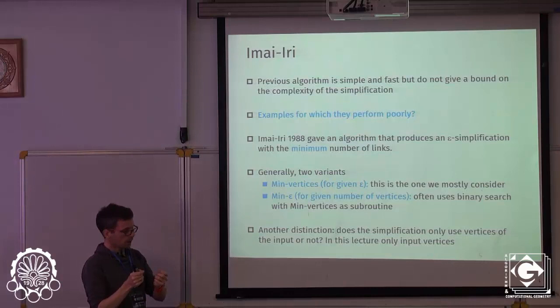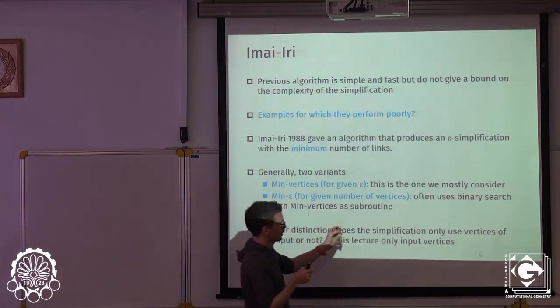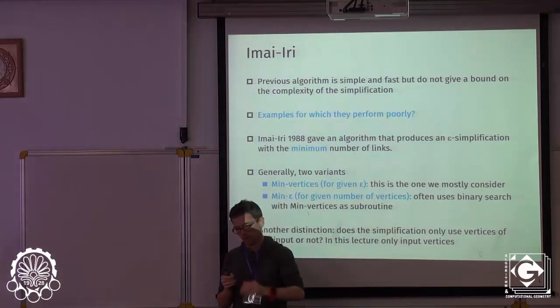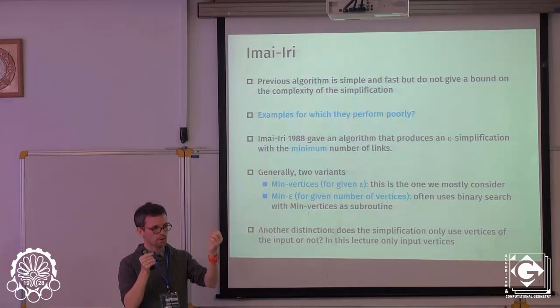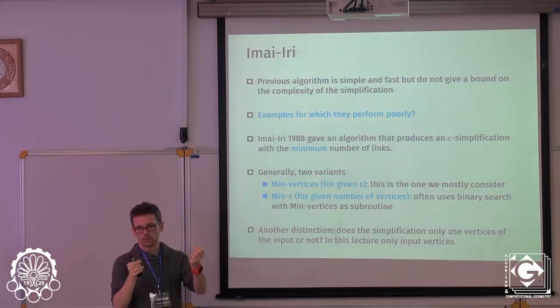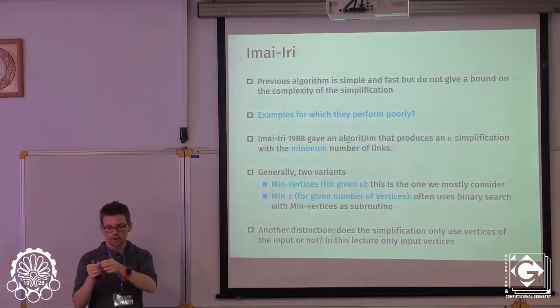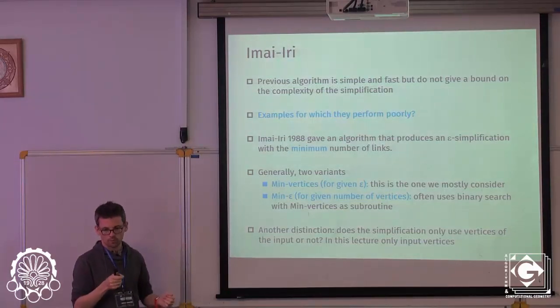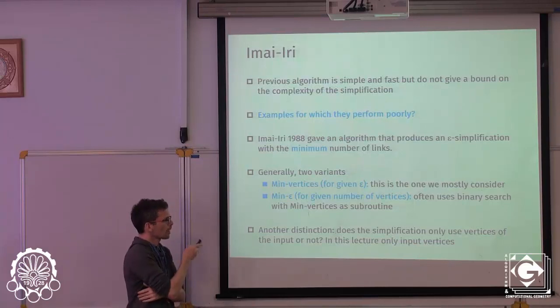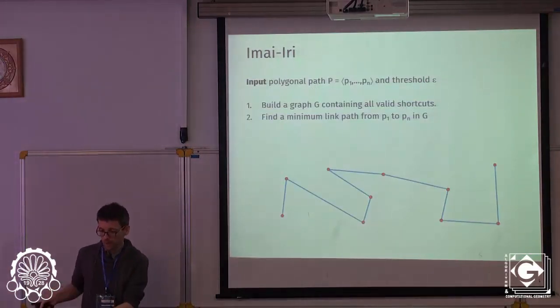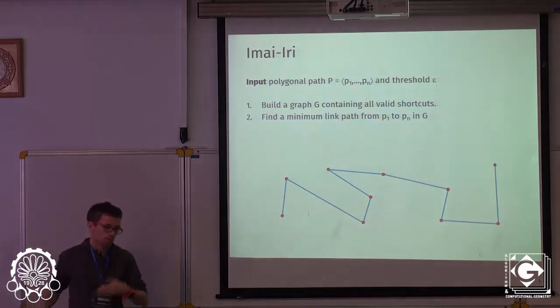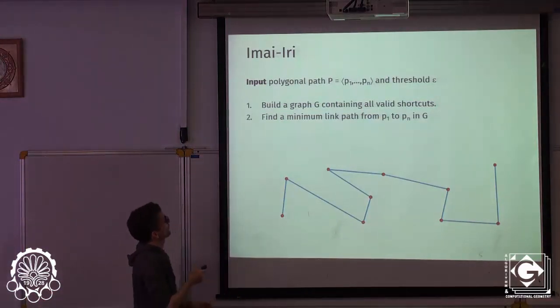But the setting that we have is that the simplification should use vertices of the input, and the segments should represent the part of the trajectory of the input that is between those two vertices. And for this setting, there is this framework by Imai and Iri, and the conceptual idea is very simple.